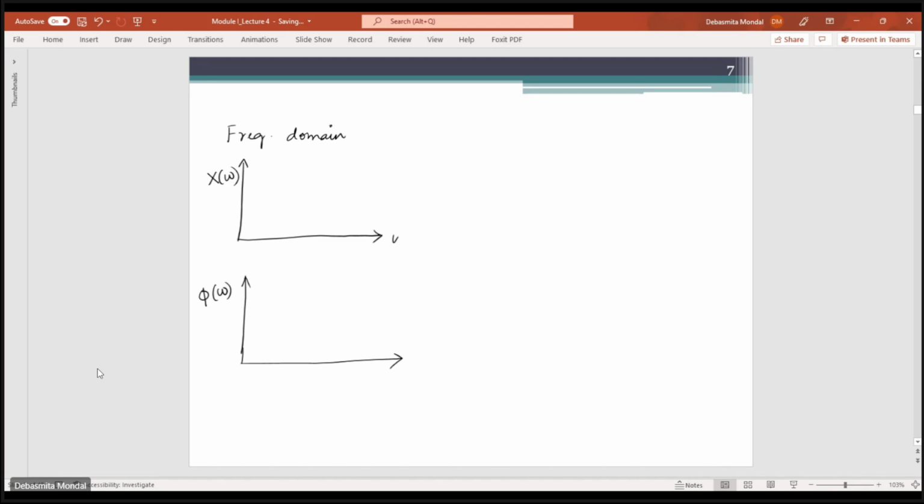Here you are plotting omega, or let us say f; you can even write omega, just that the values will change. Let us say for f we consider 1 by pi, then 1 by 2 pi, then 1 by 3 pi. Similarly, here also we have 1 by pi, 1 by 2 pi, 1 by 3 pi.